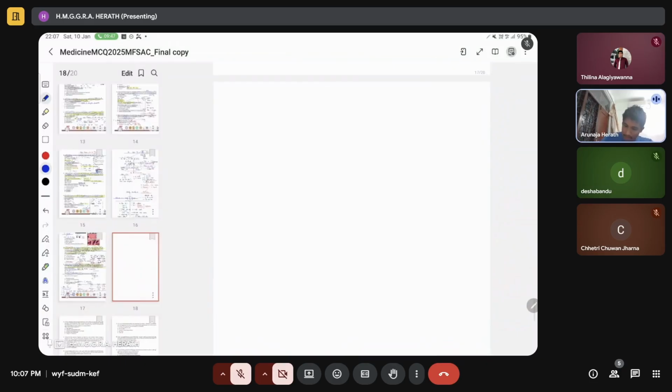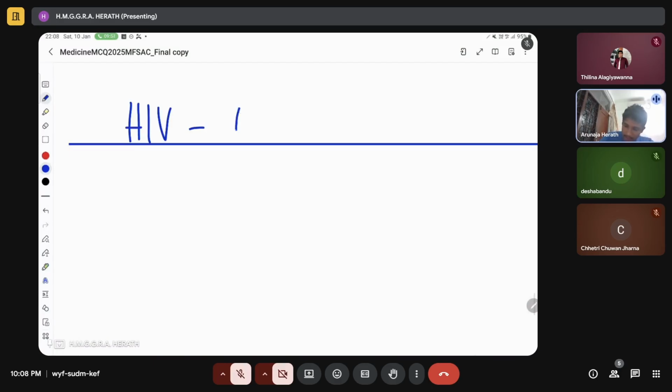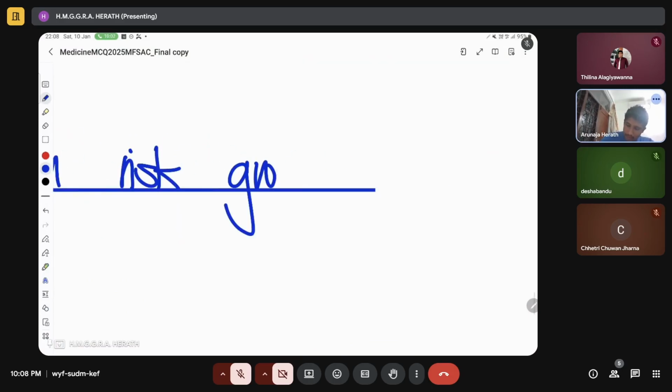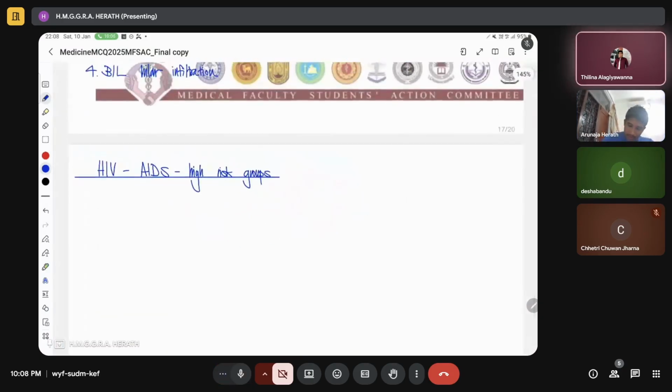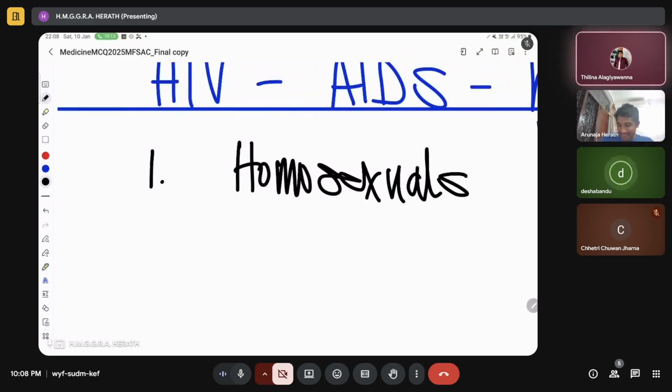In Sri Lanka, what are the high risk age groups for AIDS? HIV infection. What are the high risk groups? Right, homosexuals. Anything? Beach boys.